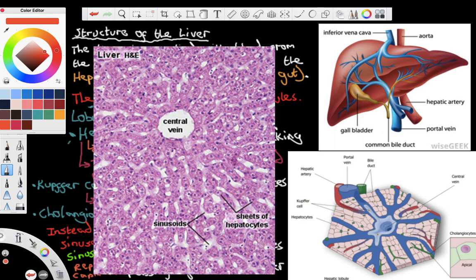From this central vein, we've got these pink cells coming out, which are hepatocytes. You've got all these hepatocytes in pink, sort of radiating around the central vein. And in between these hepatocytes, you've got these blank white spaces, which would act as sinusoids. The blood would flow through these, and hepatocytes would use whatever they need from the blood and add to it what they don't need.